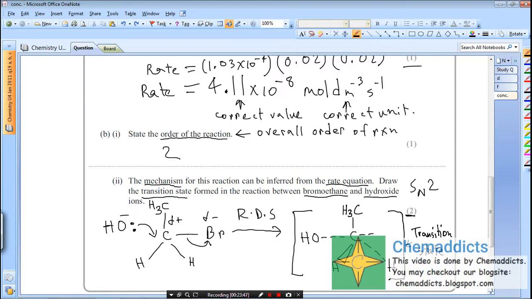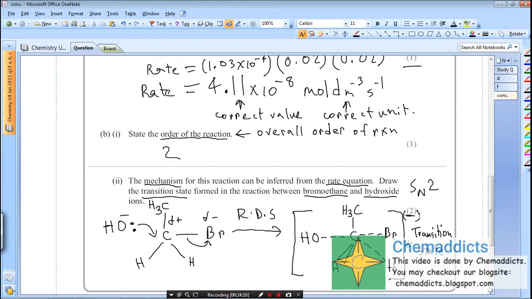Oh, I forgot to mention the bromine over here. Here the bromine is breaking its bond and the hydroxide is making a bond. So this is how the transition state should look, and here you should mention the negative sign. Otherwise, if you forget to mention the negative sign, you might lose marks.